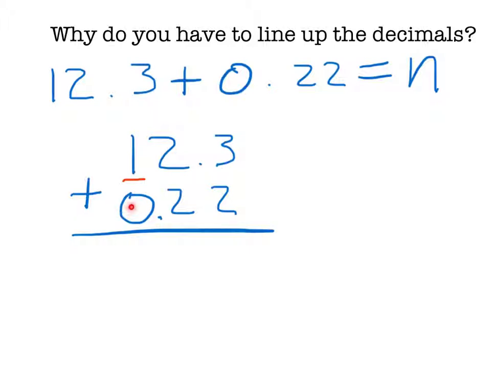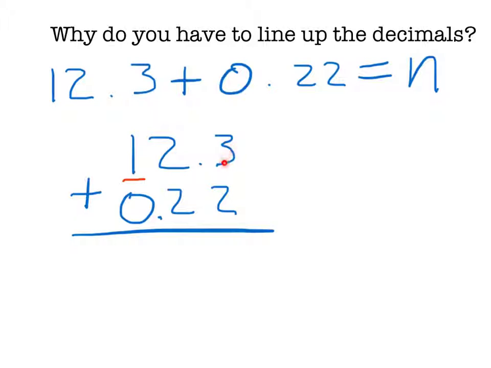This 0 is in the ones place. This 1 is in the tens place. That wouldn't make sense. Also, this right here is the ones place, and this 2 right here is in the tenths place. And we can't add those to each other.